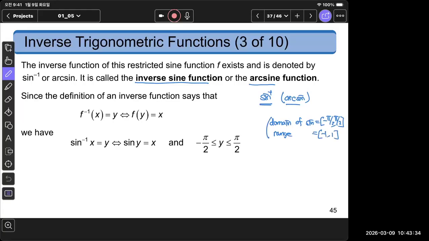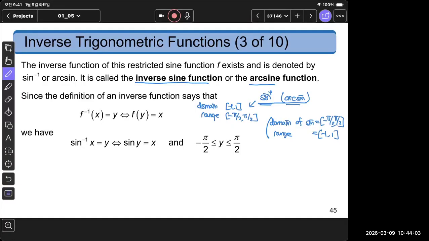If that's the case, then given this arcsine function, the domain of the arcsine will be the range of the original sine function, which is minus 1 to 1, and the range will be negative half pi to half pi.